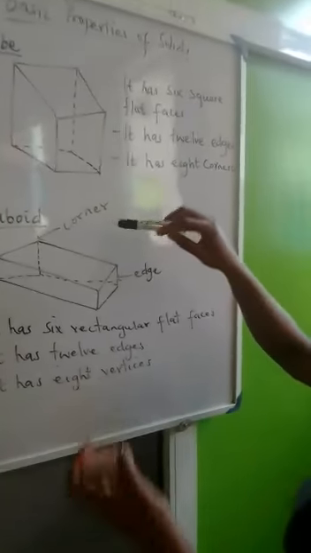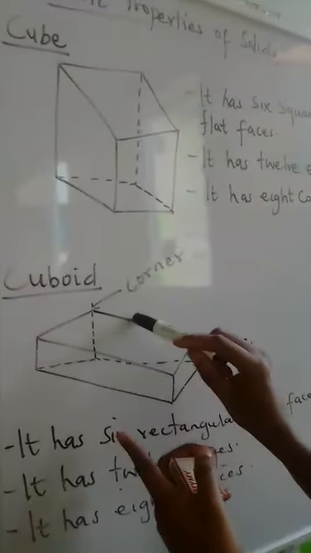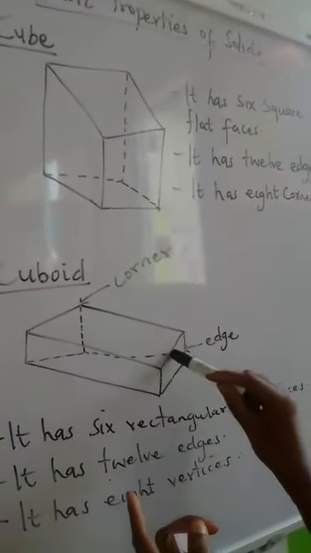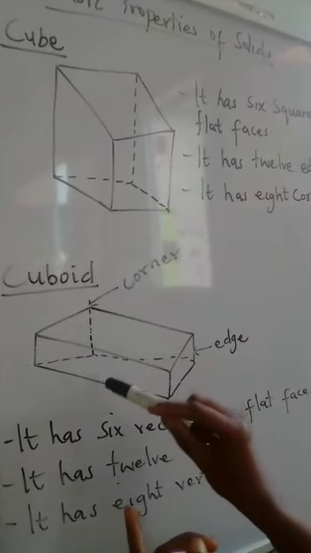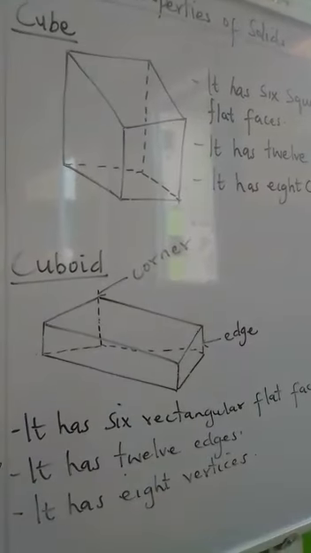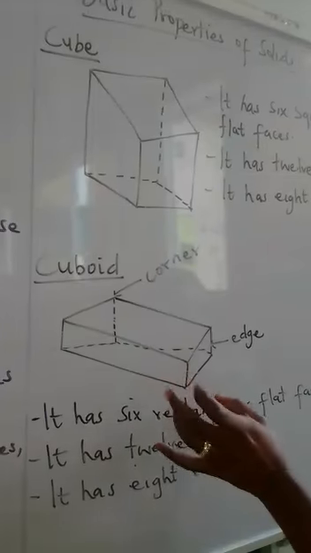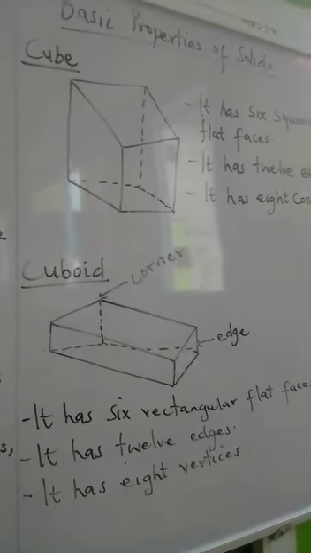Say that a cuboid has 12 edges. We are counting the edges of a cuboid. Count it. 1, 2, 3, 4, 5, 6, 7, 8, 9, 10, 11, 12. So these are the 12 edges of a cuboid.